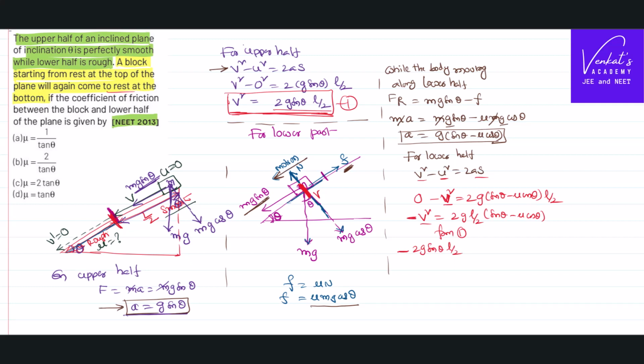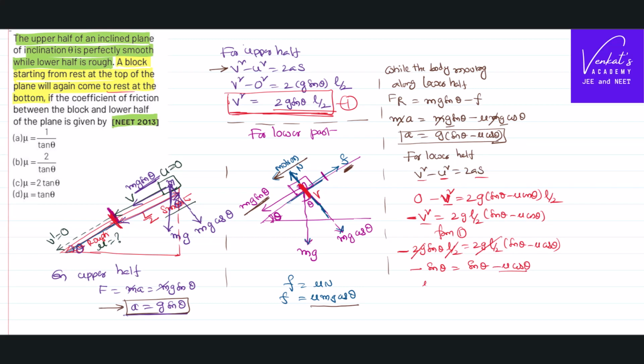I have written the value of that v square, 2g sin theta L by 2, equal to 2g L by 2 of sin theta minus mu cos theta. I need to calculate that mu. 2g L by 2 on the left hand side and right hand side can be cancelled. What is remaining is minus sin theta equal to sin theta minus mu cos theta.